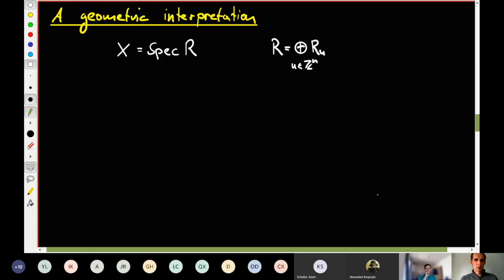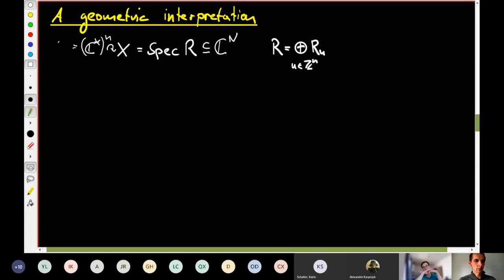Okay, so what's a geometric interpretation of the example we have just seen? In order to move to geometry, we move to the spectrum of our ring R. So we get an affine variety, and we can assume we fix an embedding in some affine space for this variety. But it's not just a ring, it's a graded ring. So this means it comes with an action of an algebraic torus of dimension n.